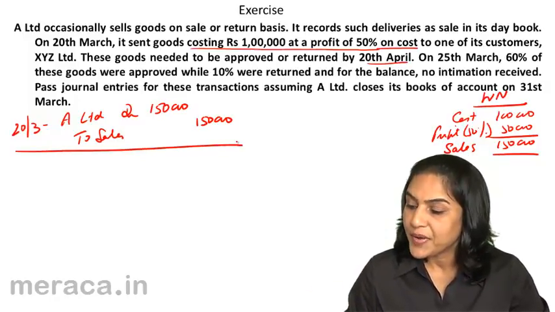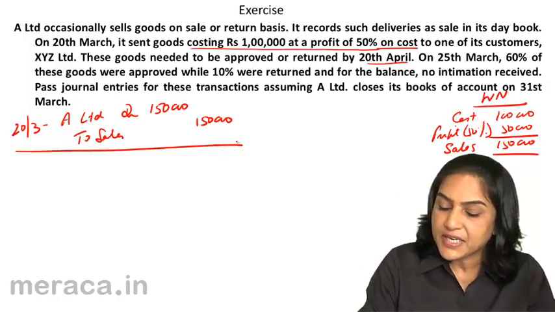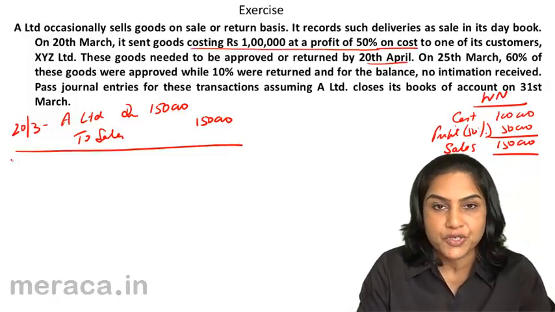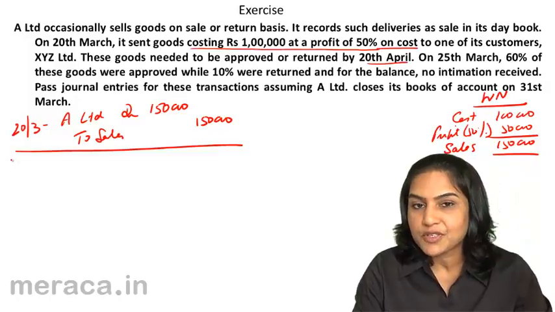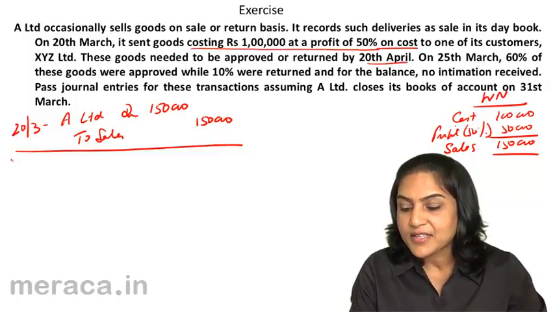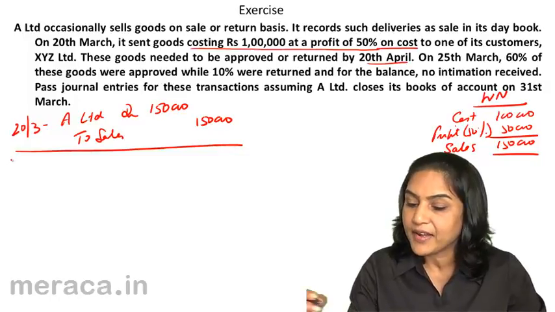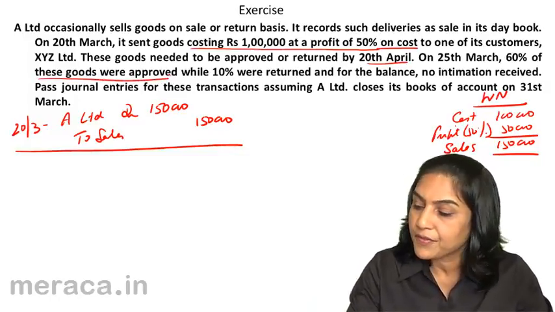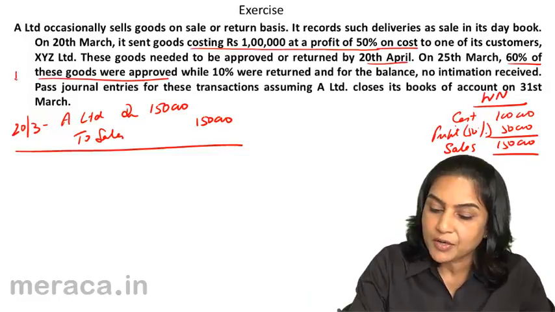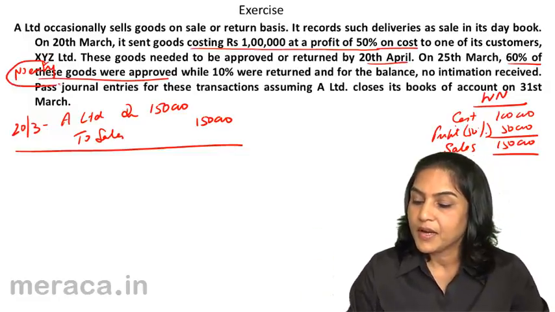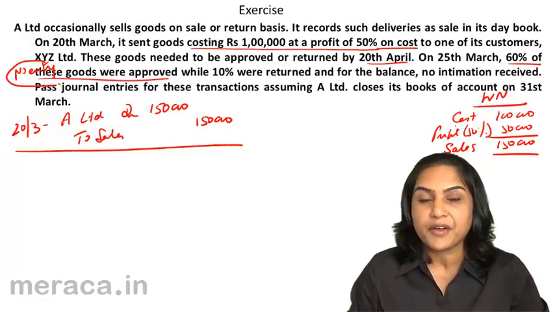Next, on 25th March, 60% of these goods are approved. When goods are approved, we do not pass any entry since the sales transaction has been passed. So, no entry for the goods which are approved. No entry here. 10% of the goods are returned.